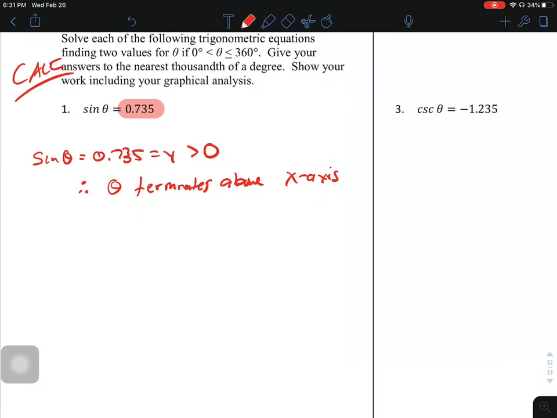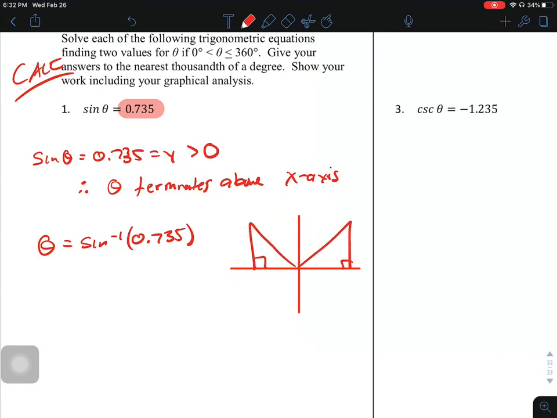So we want to know what theta is. It's sine inverse of 0.735. To get a reference triangle above the x-axis, we've got to be in quadrant 1 or in quadrant 3.